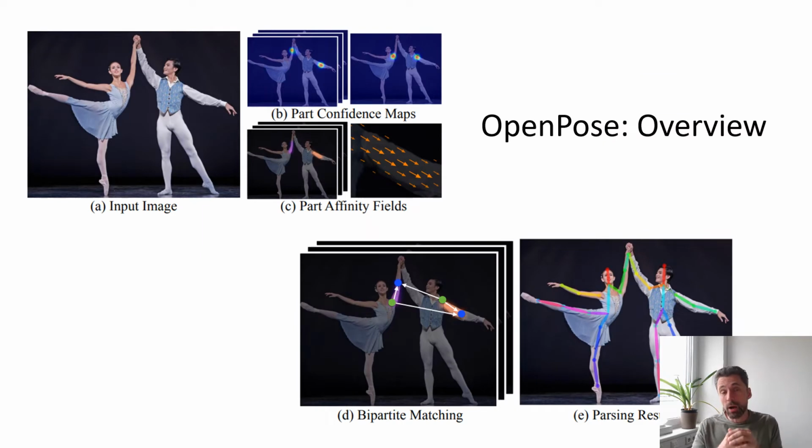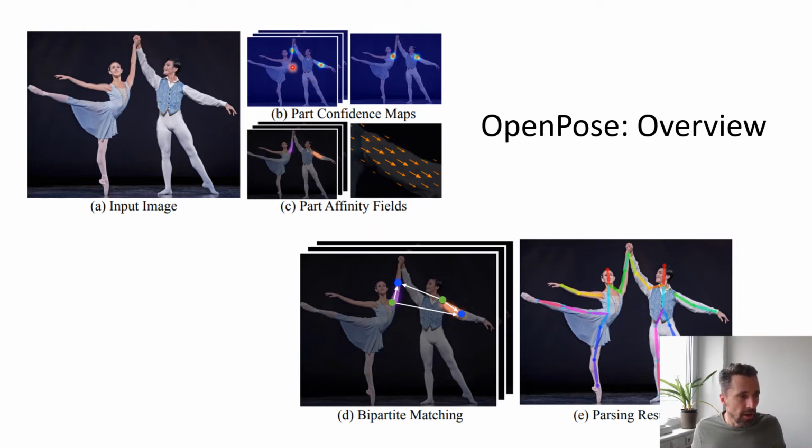Before I show you how this all comes together to produce skeletons, let's have an overview of the pipeline of OpenPose. An input image is fed into a network that then produces two outputs. One is the so-called part confidence maps, the classical heat maps for the position of the shoulder, the elbow, and all the other parts. It also produces the previously introduced part affinity fields.